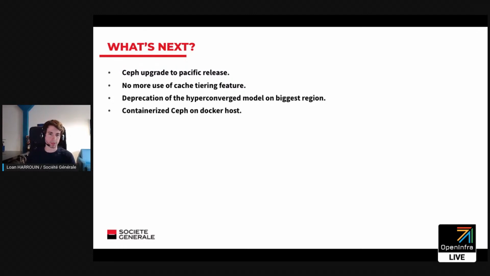And of course, we want to deprecate the hyper-convergence model for the biggest regions. For example, in Paris, which is the biggest region so far, on one cluster we have around 160 OSDs split across 16 hosts.